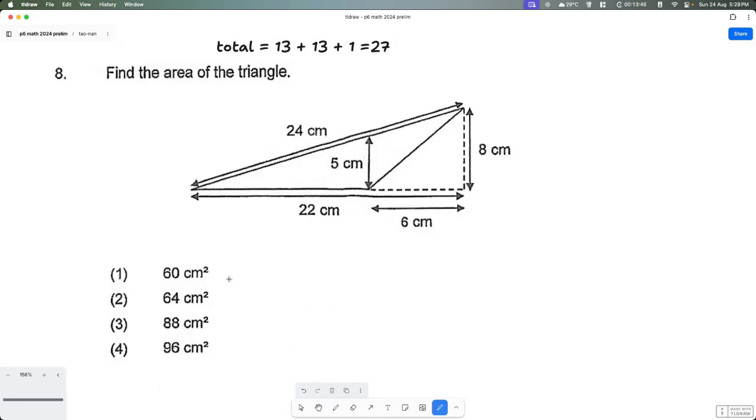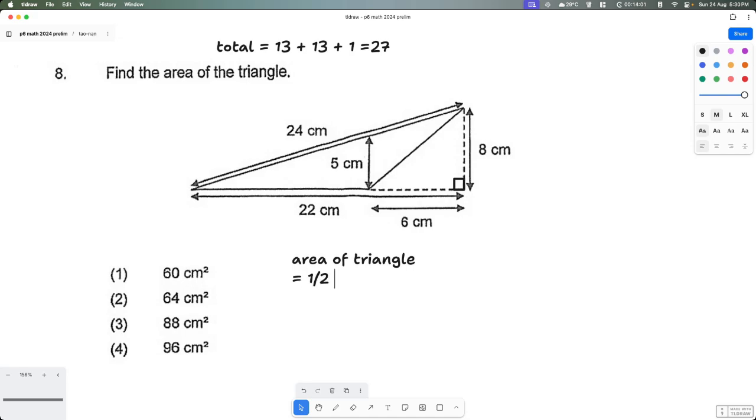Question number 8. Find the area of the triangle. Okay, so they should put a right angle indicator over here, a perpendicular box. All right, so the area of a triangle is equal to half times base times height. So what is the base? The base is equal to 22 minus 6, which is equal to 16 centimeter.